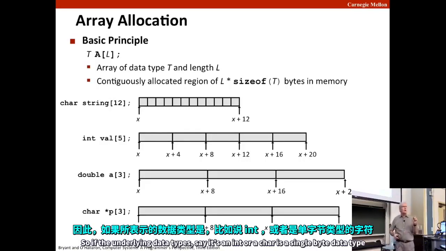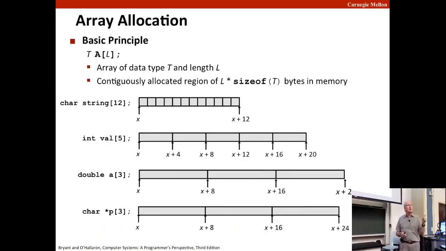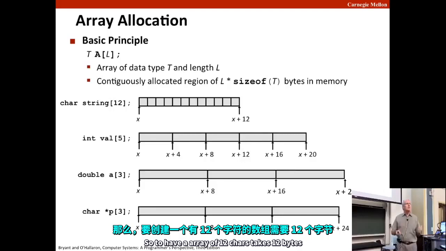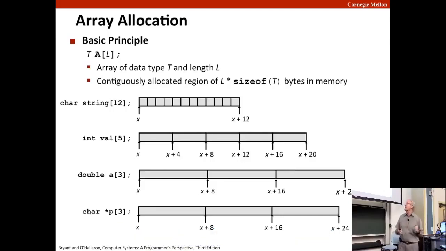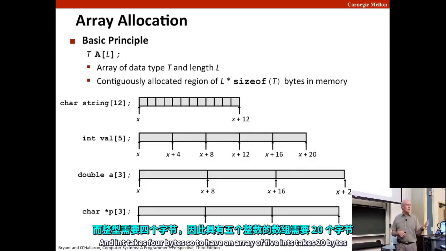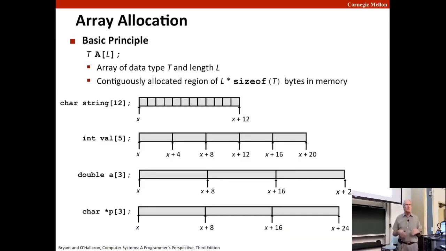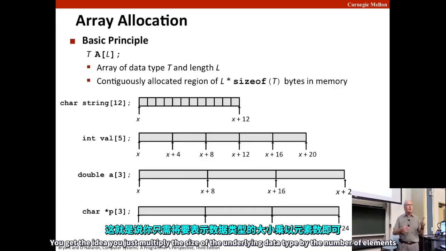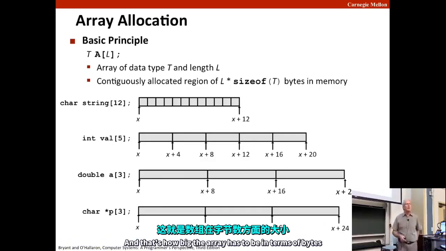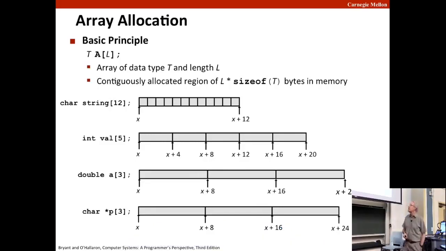So if the underlying data type, say it's a char, is a single byte data type, to have an array of 12 chars takes 12 bytes. An int takes 4 bytes, so to have an array of 5 ints takes 20 bytes. You get the idea. You just multiply the size of the underlying data type by the number of elements, and that's how big the array has to be in terms of bytes.